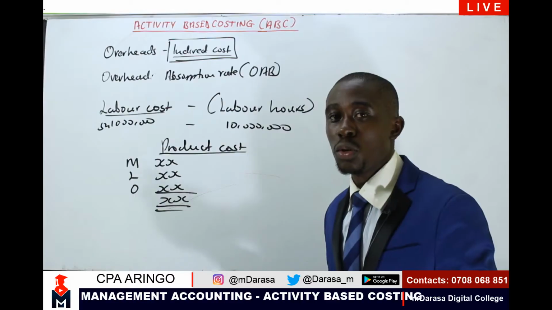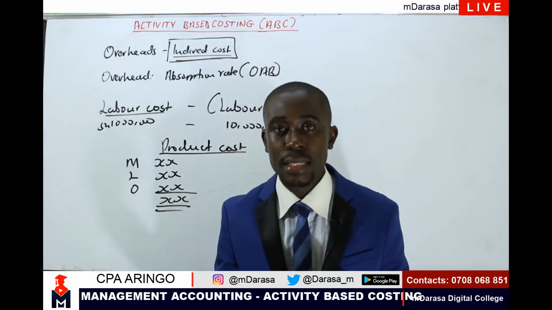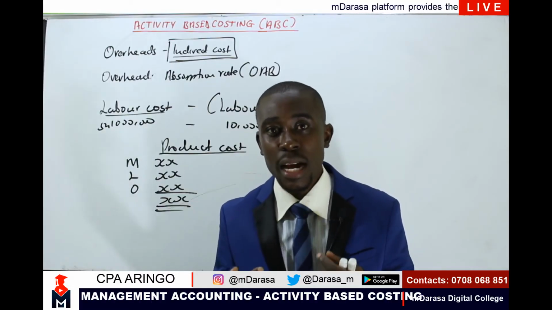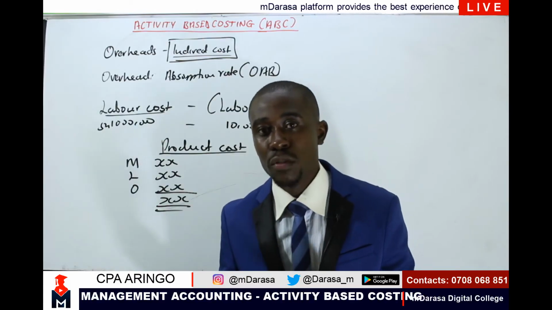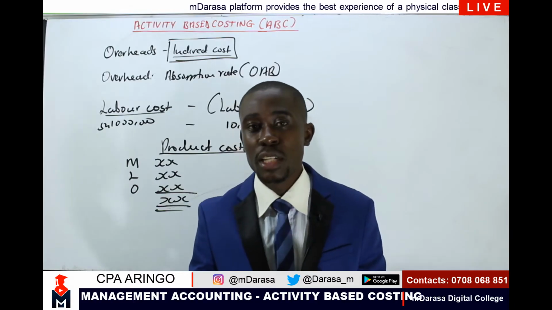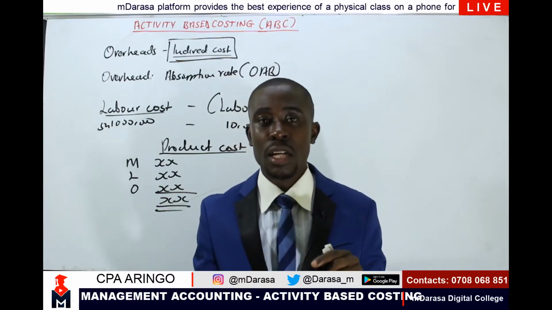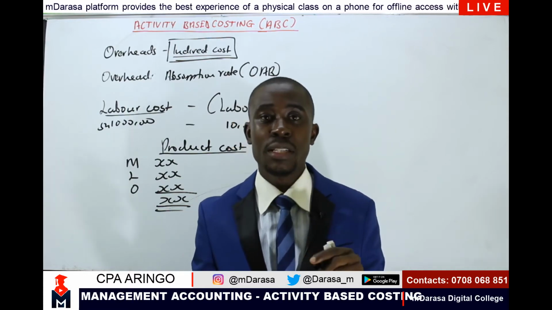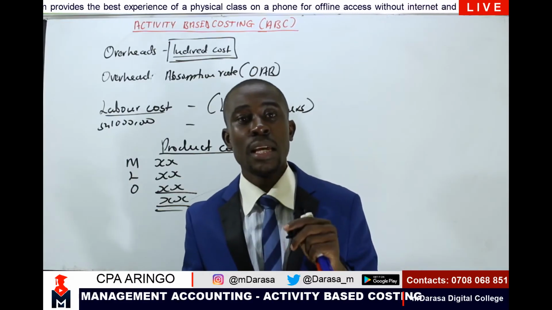But whenever we talk of activity-based costing, it will always be upon us as management accountants to identify the major activities within the organization. After we've identified the major activities, it is these same activities that we are going to use to allocate and determine the overheads.